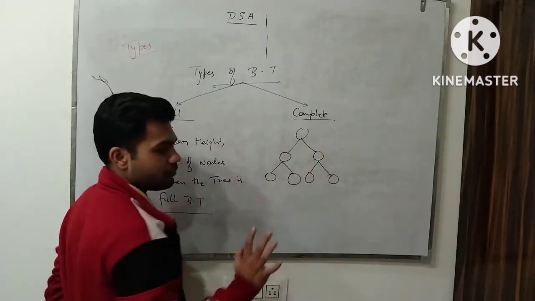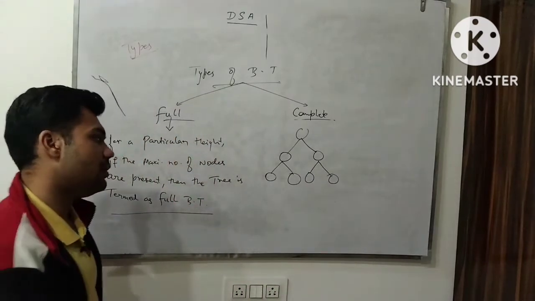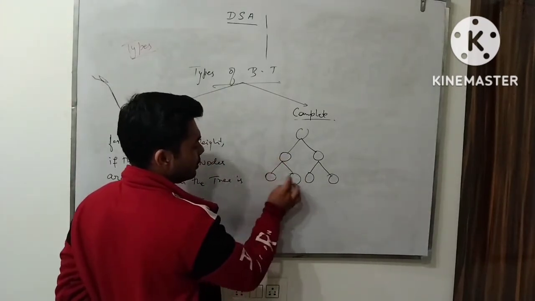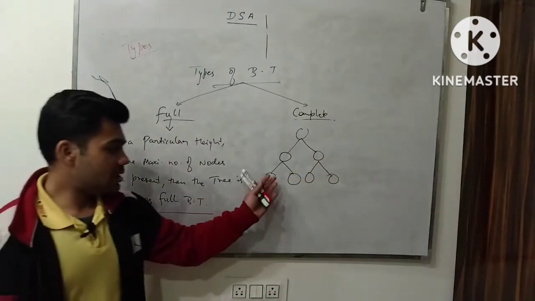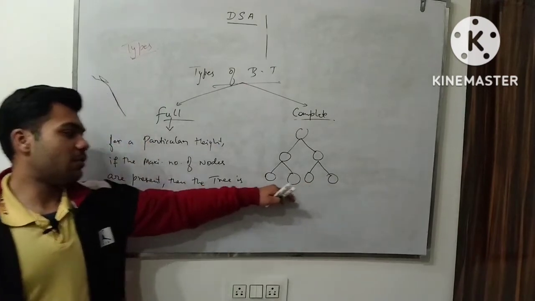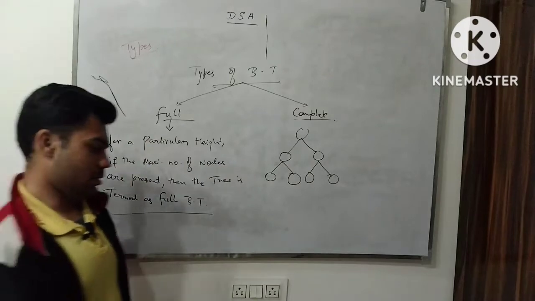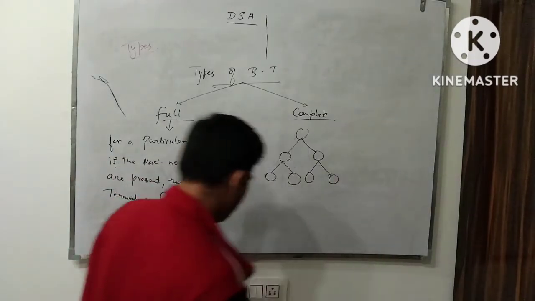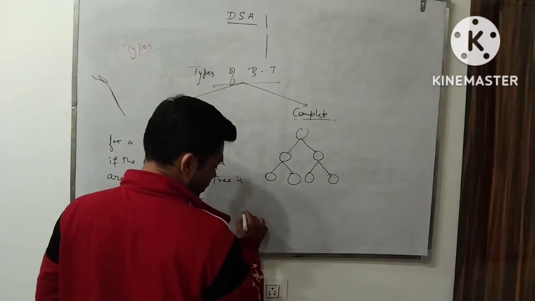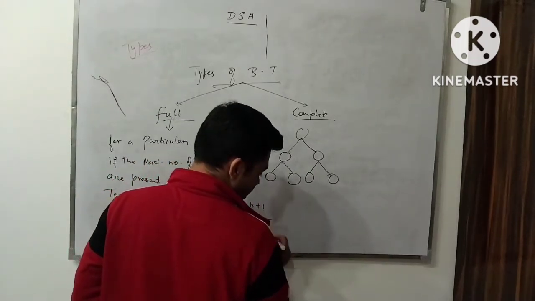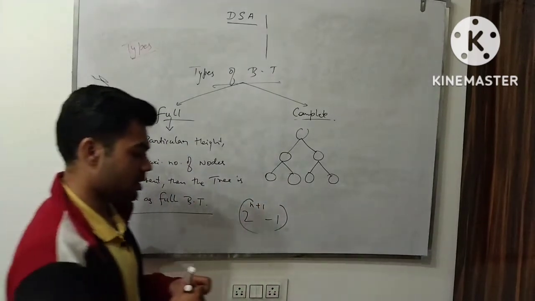At level 2, this node has 2 children and this node has a further 2 children, so at this height also the maximum number of nodes are present. So this is the example of a full binary tree. We already know the formula for the maximum number of nodes: 2 to the power n plus 1, minus 1. This is the formula we already discussed in our video lecture number 1.